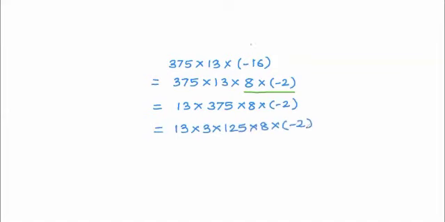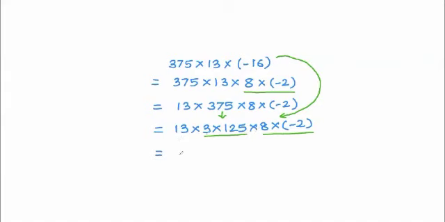So you can see what we have done. We have factorized here, and we have factorized this as these. And we have brought 125 and 8 close to each other. So that now can be solved easily. We will use the associative property and we'll solve 125 into 8 first.